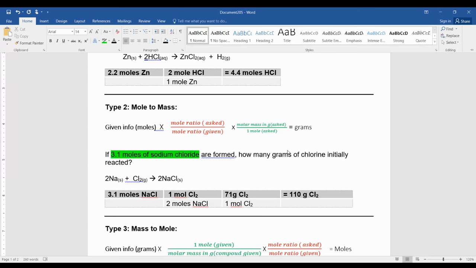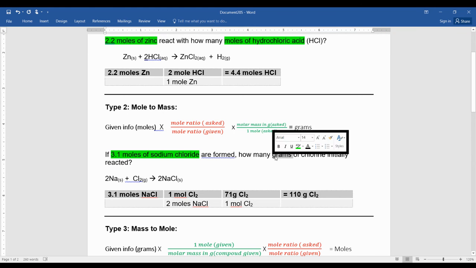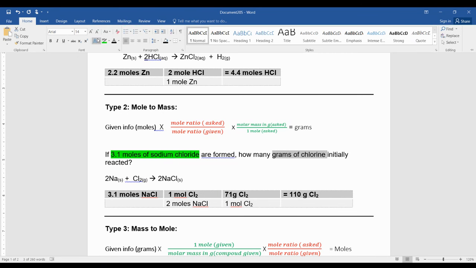They're asking you grams of chlorine. I'm going to highlight that as well. Now, you always begin with what's given, right from the equation. The given info is 3.1 moles of NaCl. So I have it set up here.